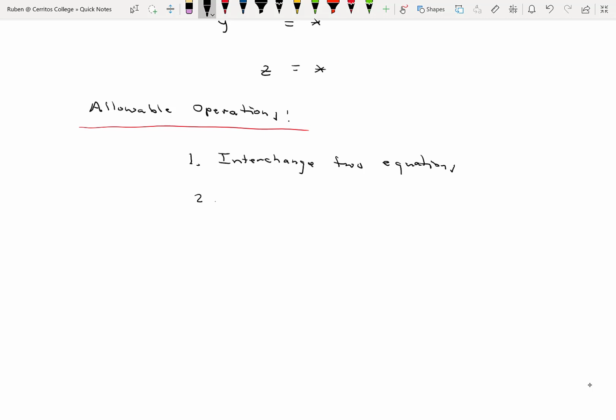The second is that I can multiply both sides of an equation by a non-zero number. This is often abbreviated: I can multiply an equation, which seems weird to say, but it really means multiply both sides of an equation by a non-zero number.